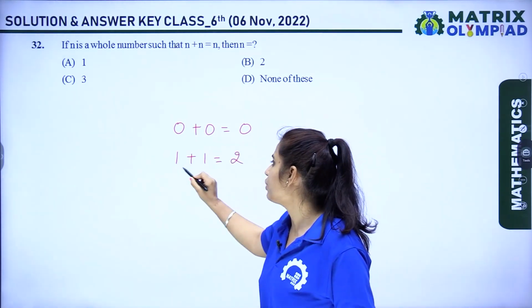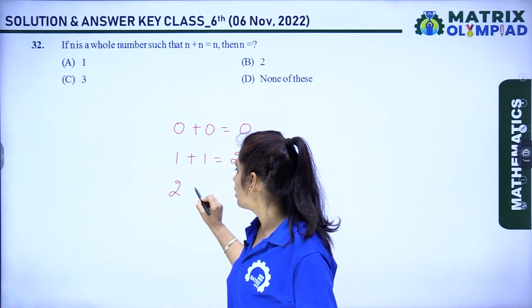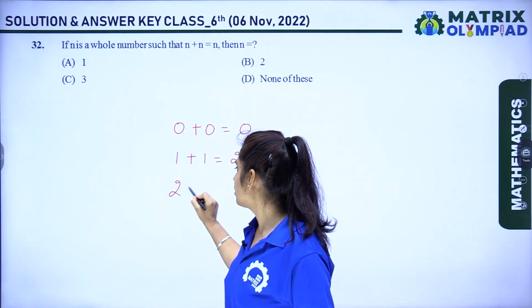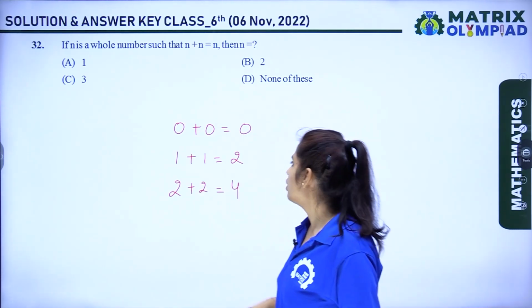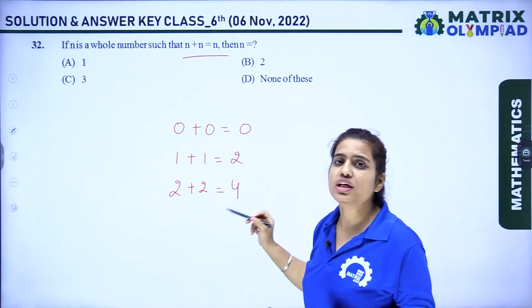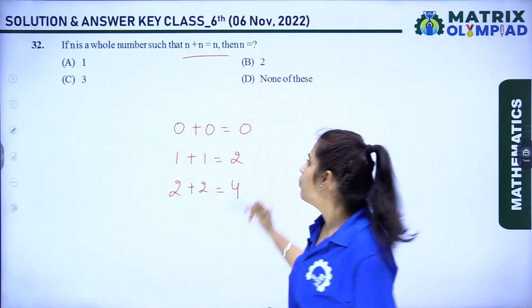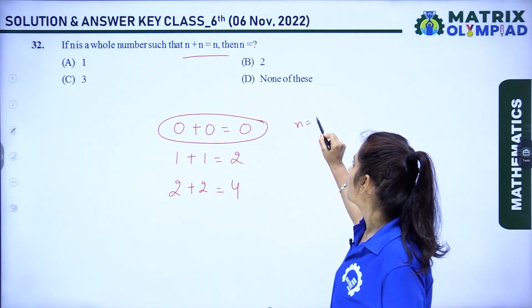But here we get 1 plus 1 is equal to 2. If we place the value of n equal to 2, then we get 2 plus 2 is equal to 4. So n plus n equal to n is only true when the value of n is equal to 0.